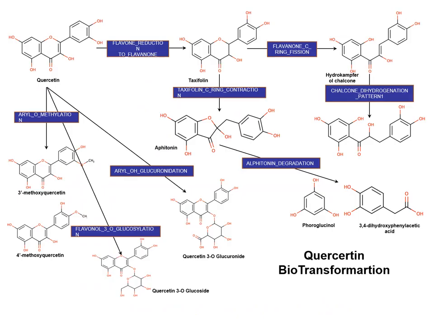This is just an example of where we're taking a compound, quercetin, which is found in things like onions and apples, and running it through BioTransformer. And you can see on the order of about 10 different compounds that are predicted through this biotransformation process. And in fact, many of these compounds were found or are known.